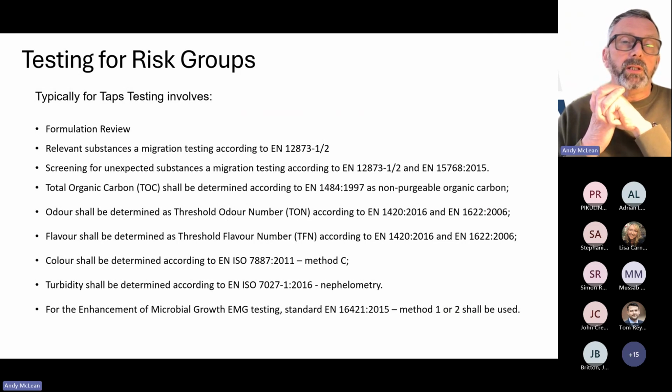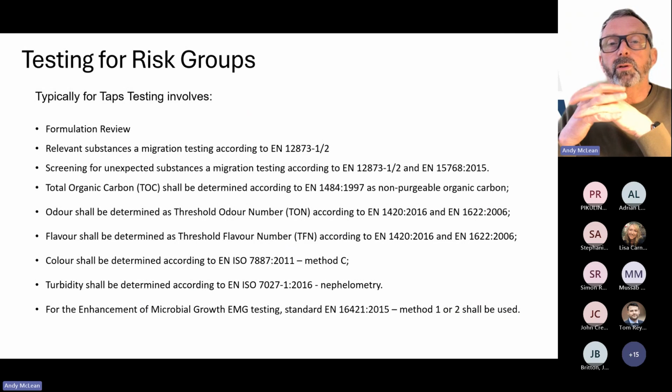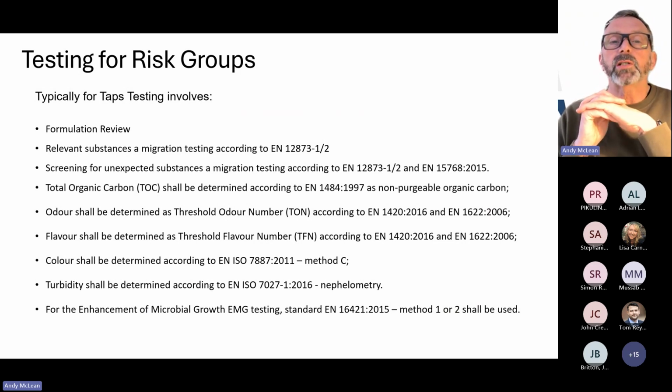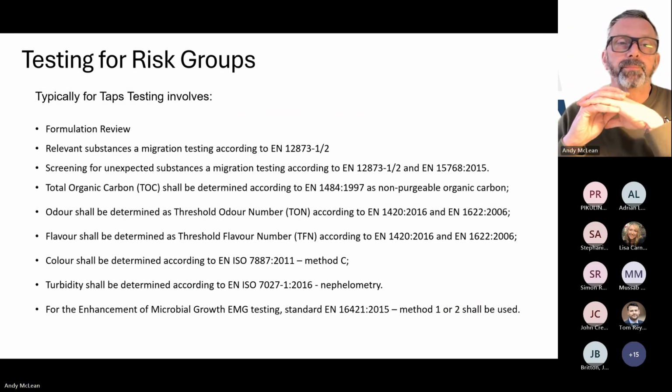Then you've got the unexpected substances, so requiring a migration test. And I think that is the most likely one to be required by a lot of the conformity assessment bodies, screening for unexpected substances.